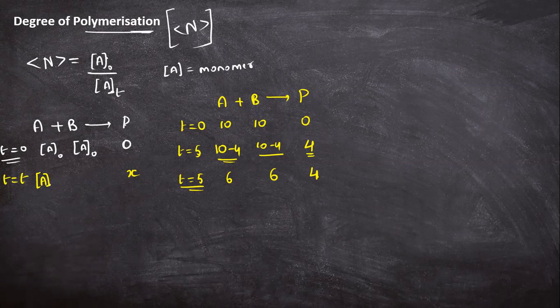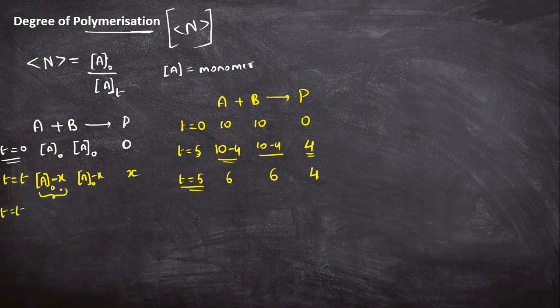The concentration of A was initially A naught. From A naught, X is converted to the polymer.